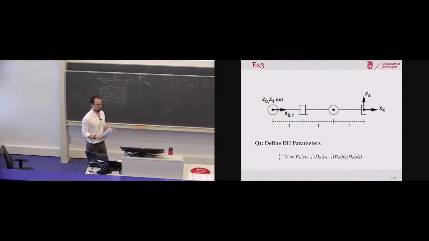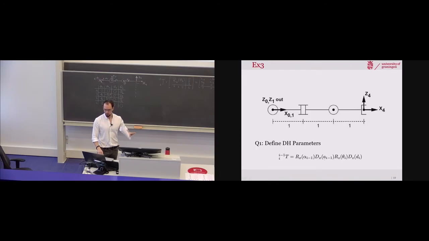It's not the same to do first one thing and then the other, okay? You will obtain a different solution, and in order to obtain the correct solution, you have to use exactly this formula. On the left-hand side, you put the operation on the x, so alpha and a, and on the right, the one on the z, so d and theta, okay?